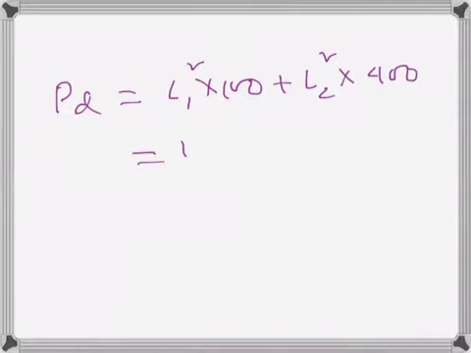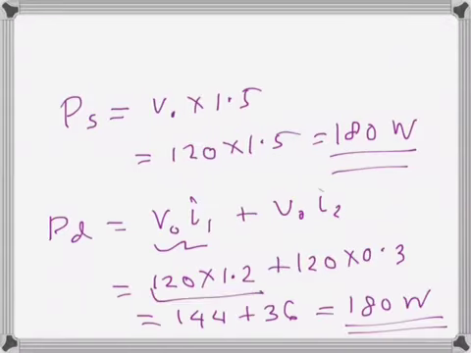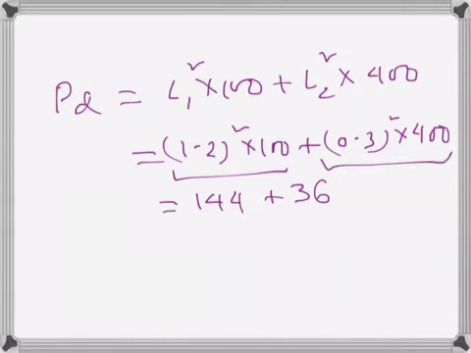So 1.2 squared times 100 plus 0.3 squared times 400, and we can see there will be the same 144 and 36, because with VI we will get the same power as I squared R. This is the power dissipated in the 100 ohms, which was the same here, and this is the power dissipated by the 150 and 250 ohm resistances together.